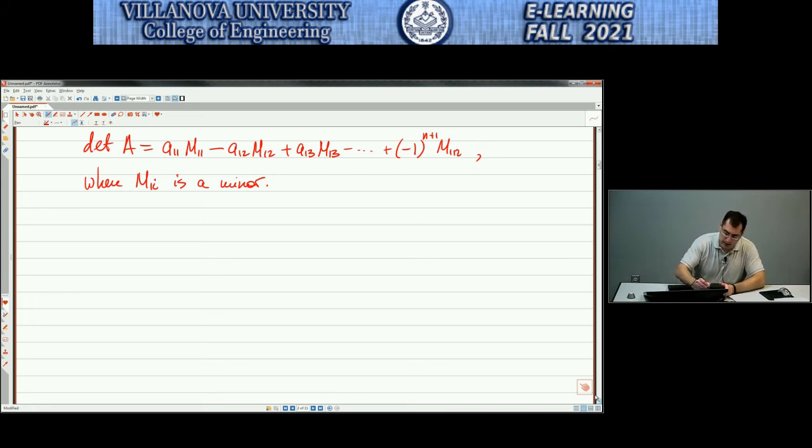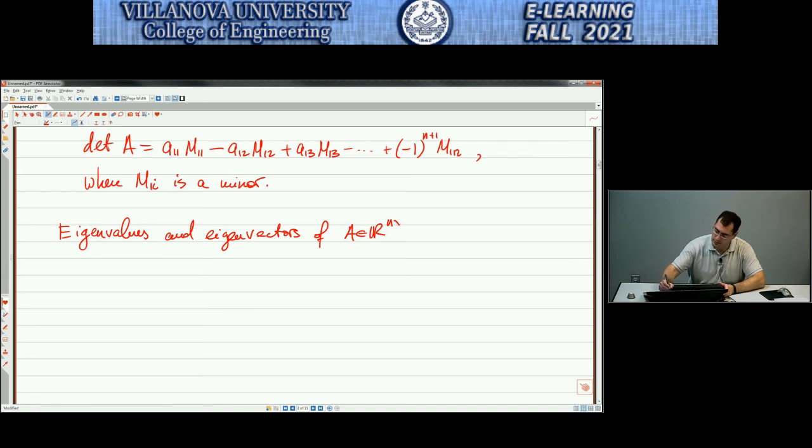So eigenvalues and eigenvectors of the matrix A: only for a square matrix can we define eigenvalues and eigenvectors, which are respectively a scalar lambda, in general a complex number.